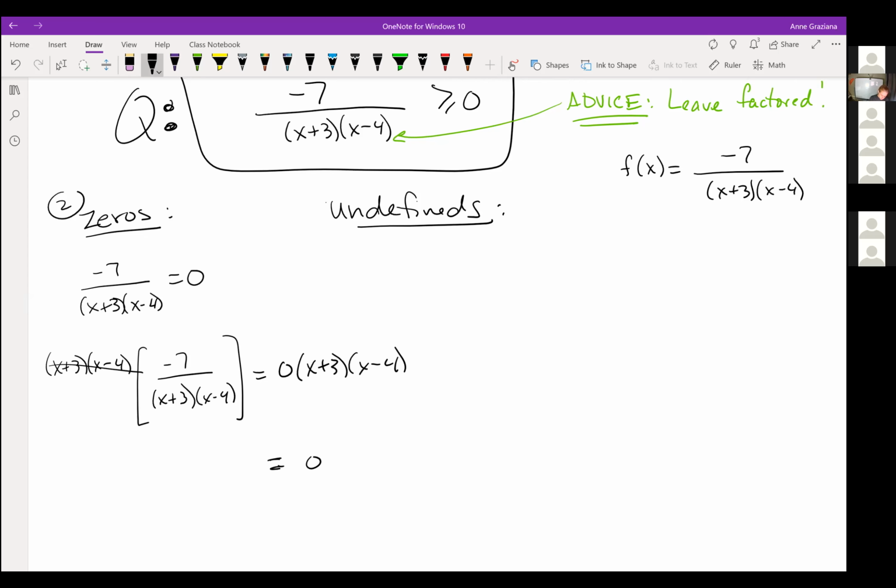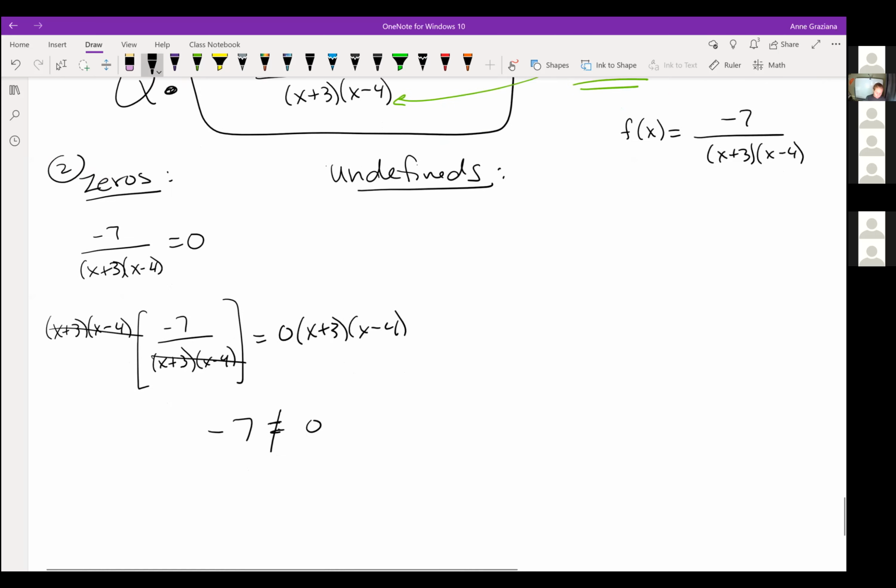But these clear, and I get -7 equal to 0. Uh-oh, all my variables went away. What does this mean? What do you guys think that this might mean? Because I know it's not true. No solution? It definitely means no solution.